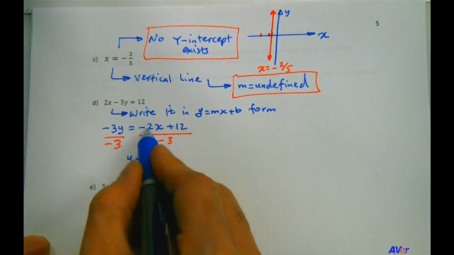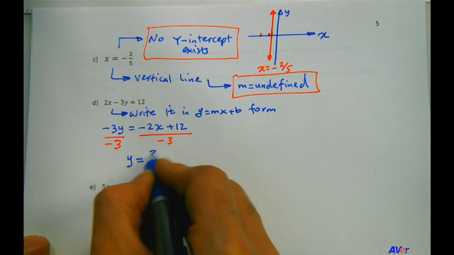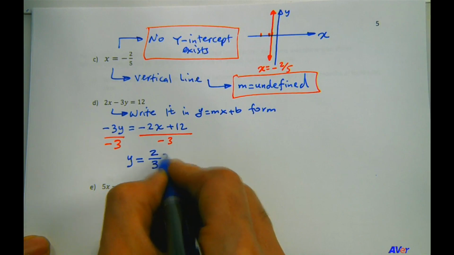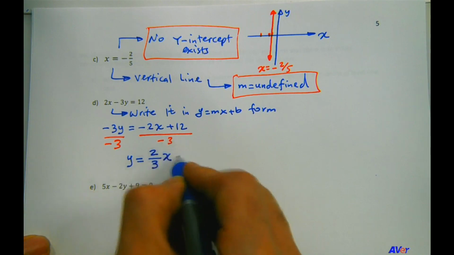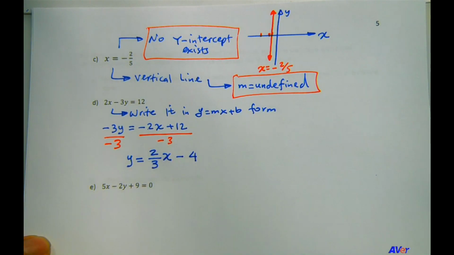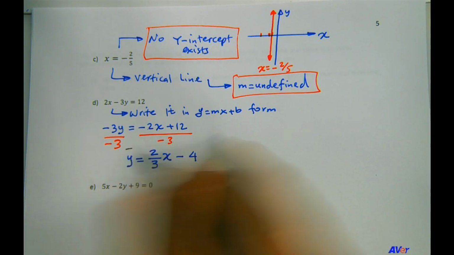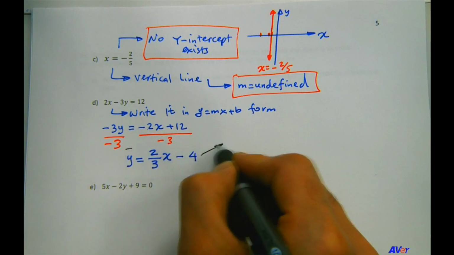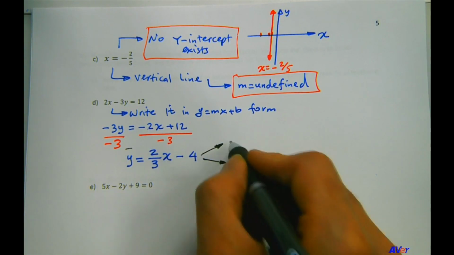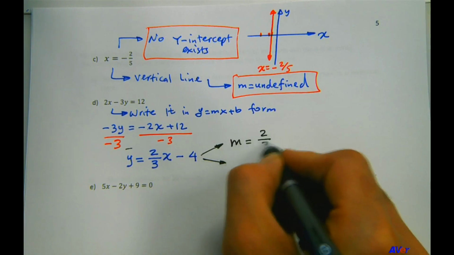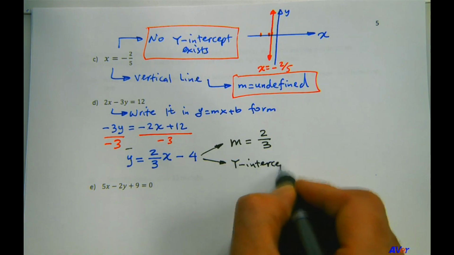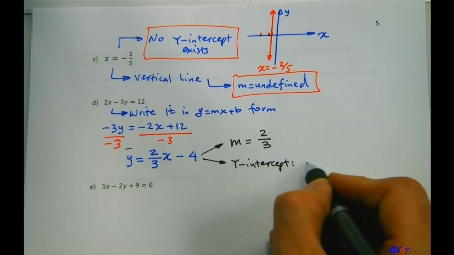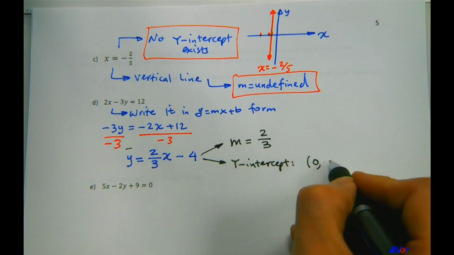On the right, minus 2x over minus 3, that's positive 2 over 3 x. Minus 12 divided by minus 3, that's minus 4. Right? So now we have that. So given this equation, we have m equals positive 2/3, and the y-intercept is equal to (0, -4).